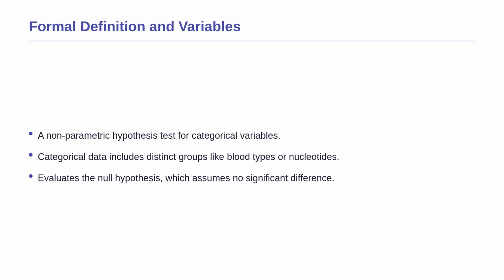When we run this test, we start with a baseline assumption called the null hypothesis. The null hypothesis simply states that there is no significant difference between our expected model and our observed data. If our test reveals a massive gap, we reject this null hypothesis, meaning our expected model does not fit the reality of the data.